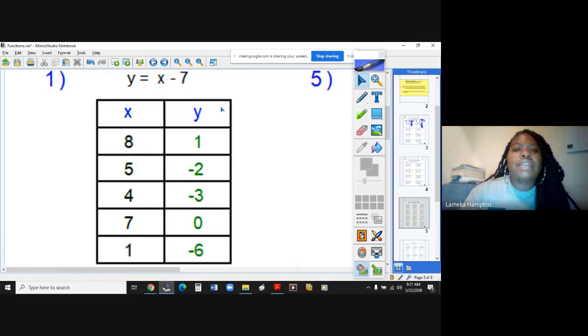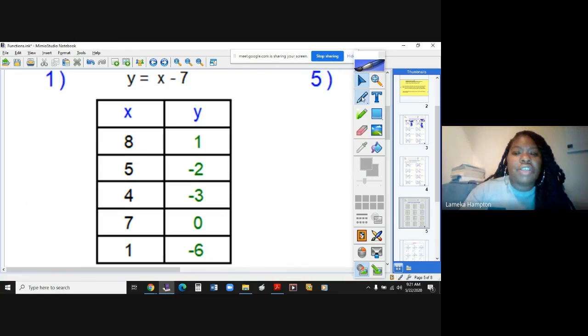So all you're simply going to do is this. And this is also going to prove that for every input, there's only one output. So I am going to start with my x. So my x values are 8, 5, 4, 7, and 1.